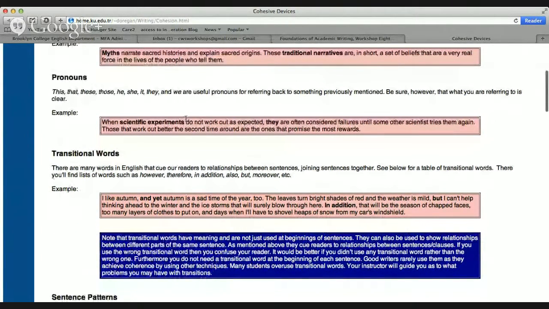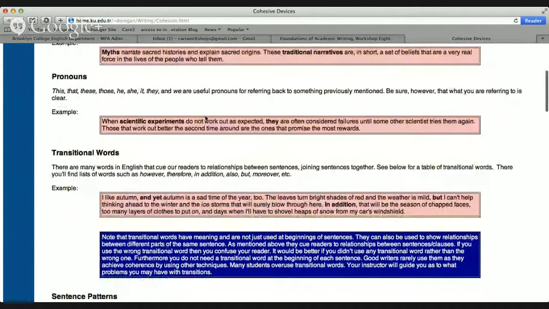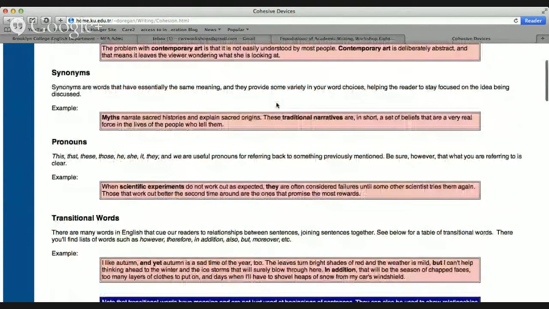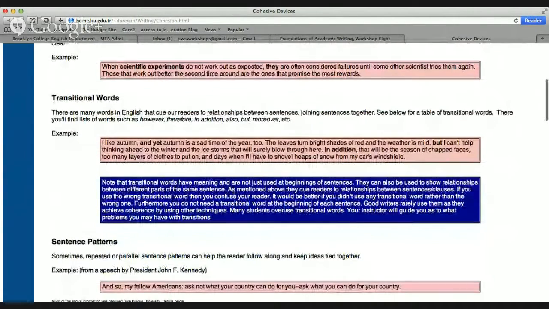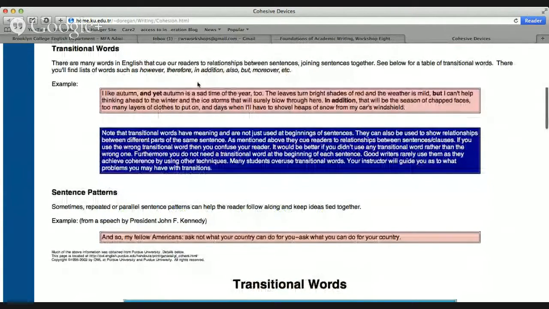And we want to always be sure that it's clear what our pronouns are referring back to, right? Same with what our synonyms are referring back to. If you're going to say these traditional narratives, you definitely should have said myths so that there's a definite link between the two of these. If that makes sense. Got transitional words: in addition, but, and, yet, right?